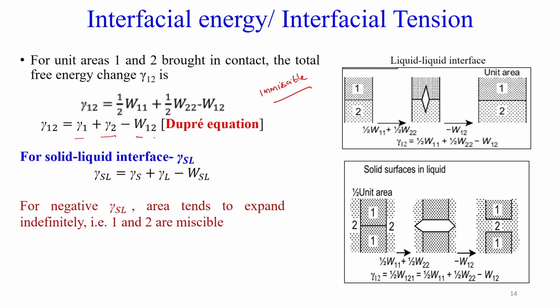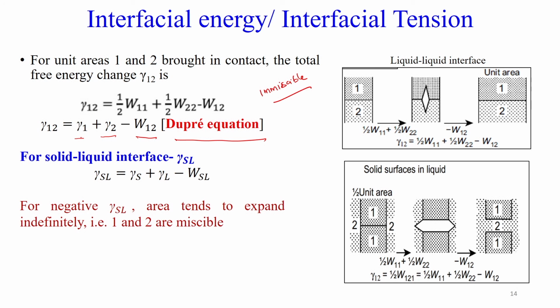So, this is the work of adhesion between 1 and 2. This is how we define the free energy change between 1 and 2. So, half W11 is gamma 1, half W22 is gamma 2, minus W12, and this is also known as the Dupré equation.